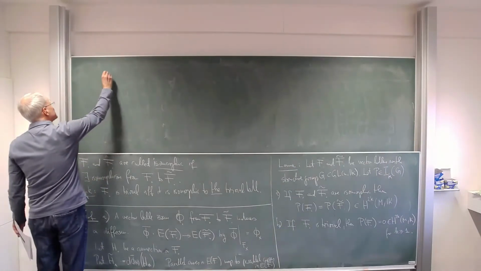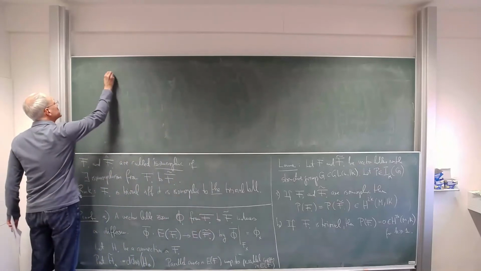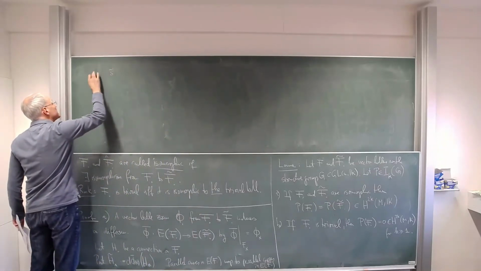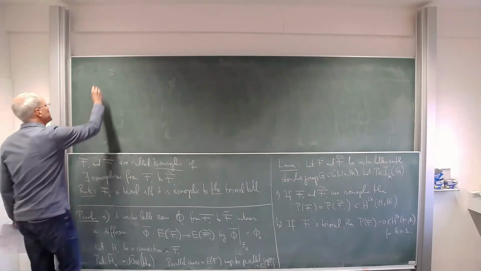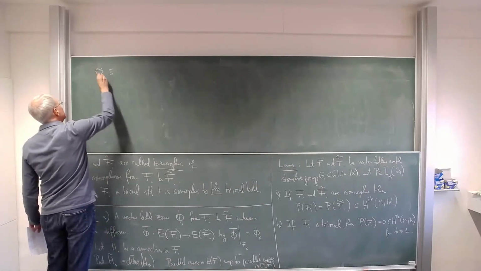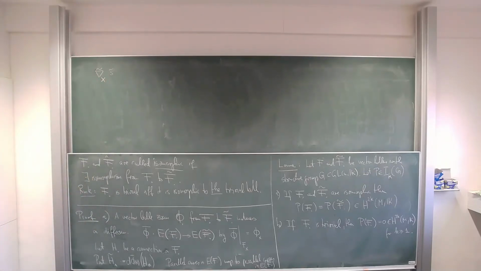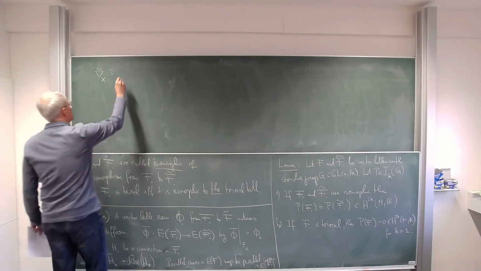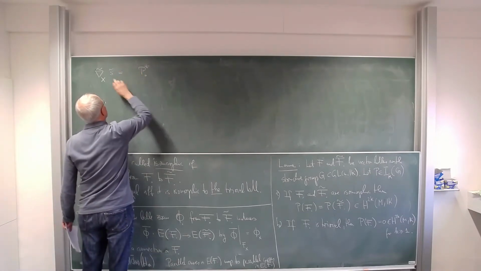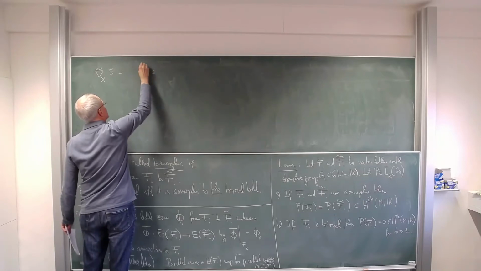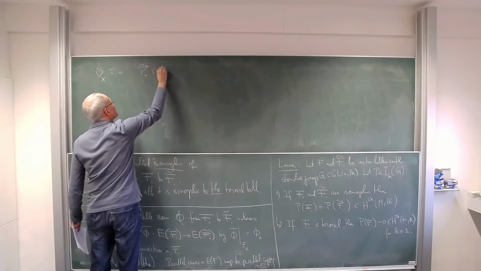Alright, so if we have a section of the tilde bundle, we call it S tilde, and now let's look at the induced covariant derivative on F tilde, and I differentiate this in some direction. X is a tangent vector to M. So remember how we define this. We take parallel transport of S tilde, in the tilde bundle, along a curve C of t.